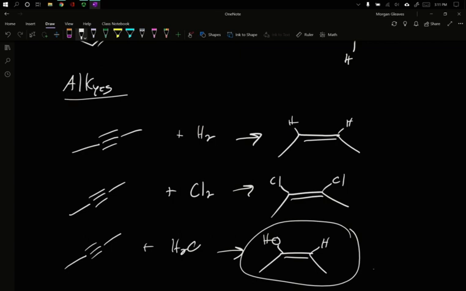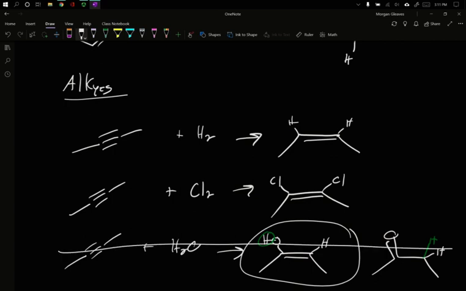It would reorganize, it would become a double bond, and that hydrogen that used to be on the alcohol has moved and joined the other hydrogen that used to be on the other carbon. So this is not a stable route, and so we will not be discussing adding water to alkynes in any further depth than that. But it's an example of why you can't do every reaction. Sometimes the thing you make doesn't stay stable, and it goes on and does other things. But alkynes are good for these first two. You can turn them into alkenes, and you can even add halides to them.